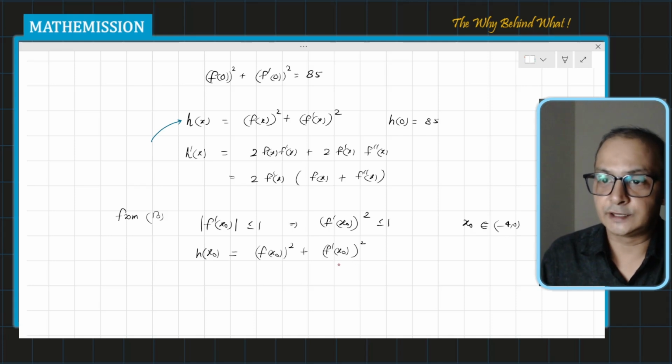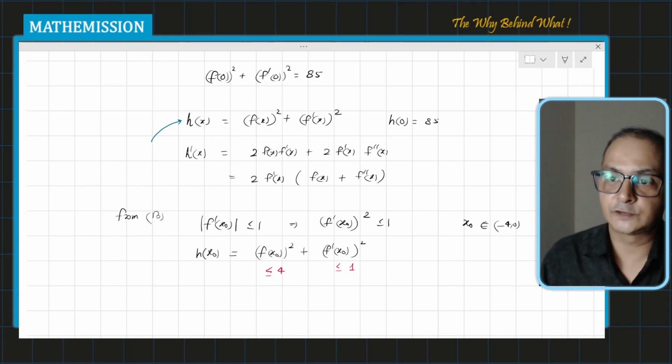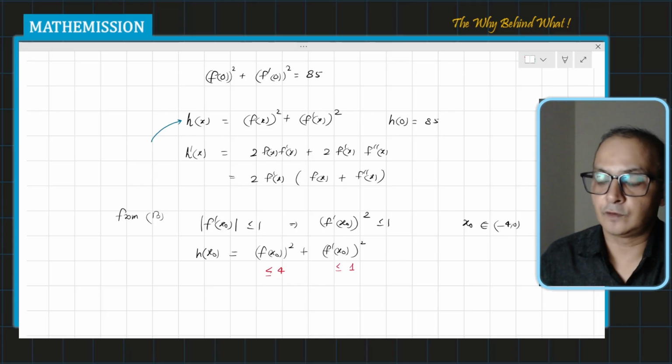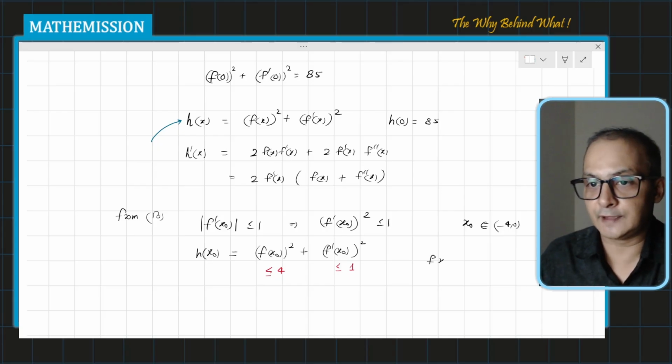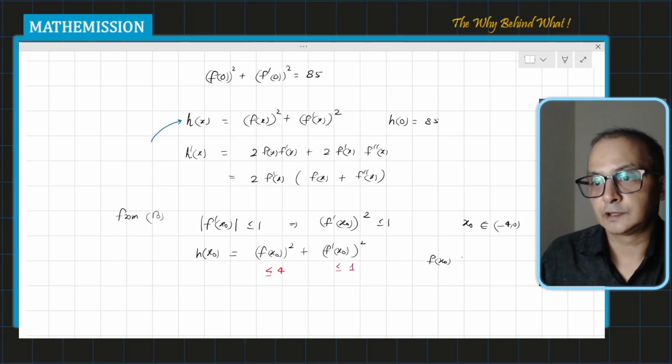This quantity is always lesser than 1. We have already proved here. And this quantity is always lesser than 4. How is it 4? Because we have already established that the mod of f(x naught) is always lesser than 2.